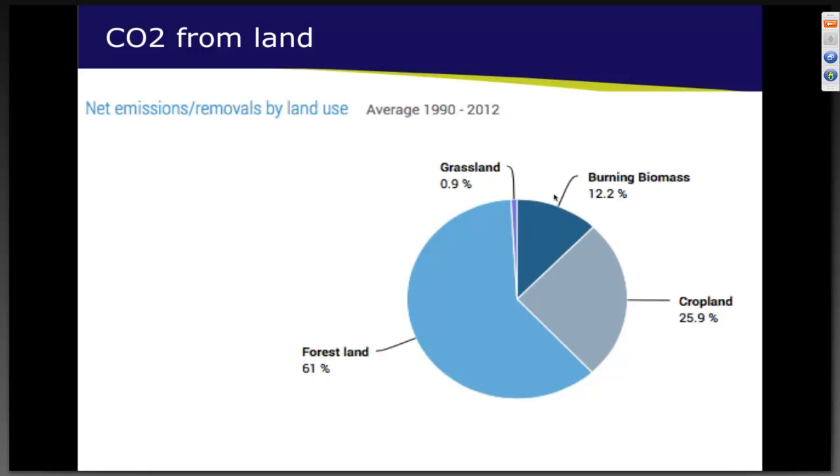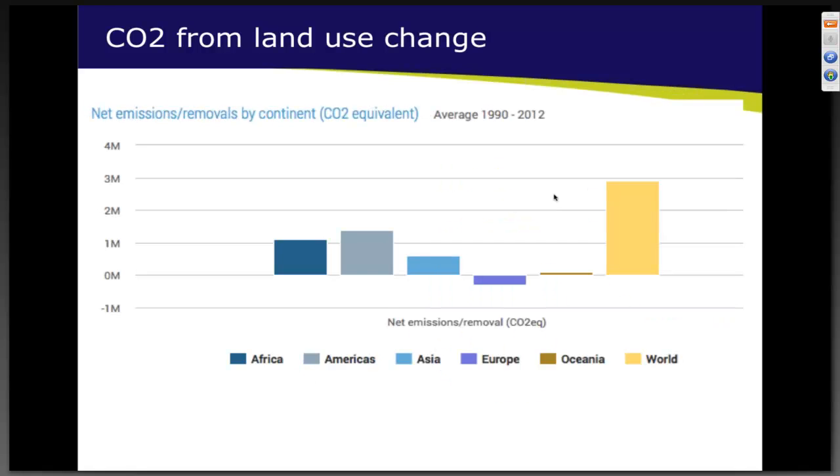And that means there's a lot to be gained by, for instance, improving soil management on farms. And it also means that you can actually reverse the emissions into sequestration, to fixing CO2.